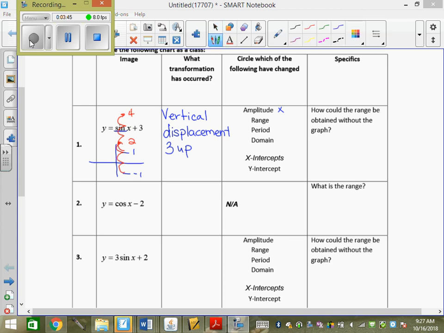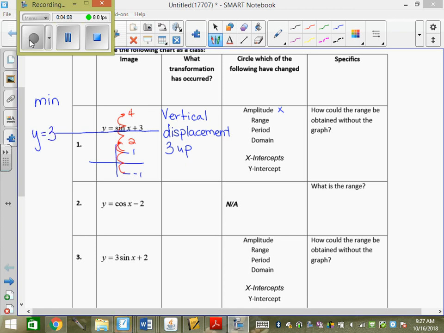What did we do last time to get our max and our min? We took that midline. Our midline is literally what our D value is, right? So if you look at that current graph you have, the graph is cut in half at y equals 3, is it not?